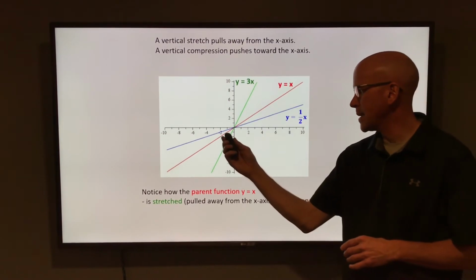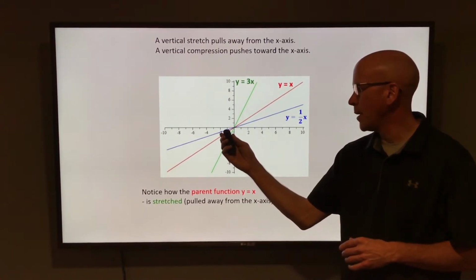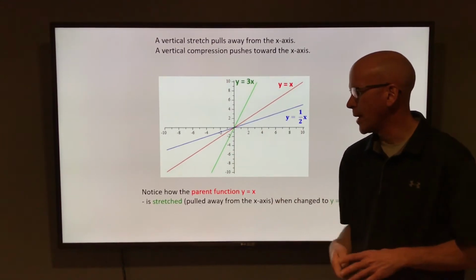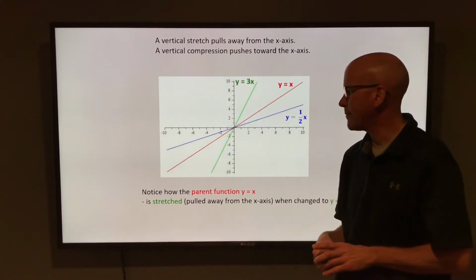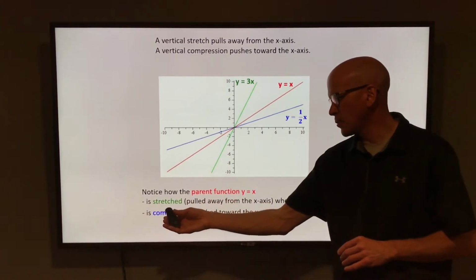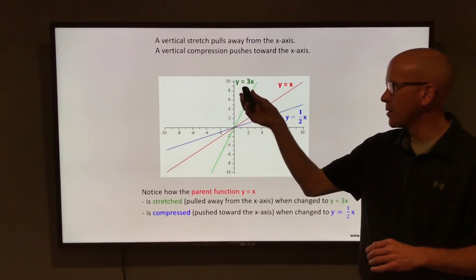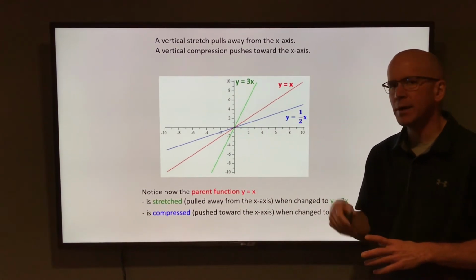Or what was (-1, -1) on the red graph now becomes (-1, -1/2) on the blue graph because you're multiplying the y value by 1/2. So it's a stretch when you're multiplying the y value by a number greater than 1. It's a compression when you're multiplying the y value by a number between 0 and 1.